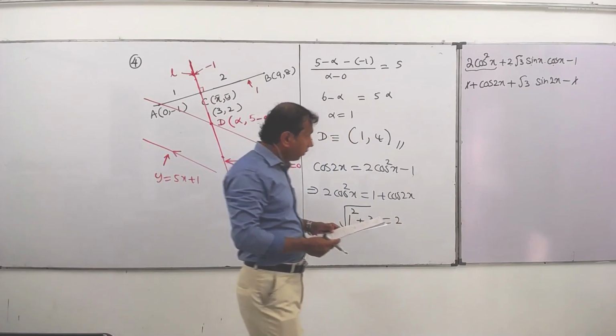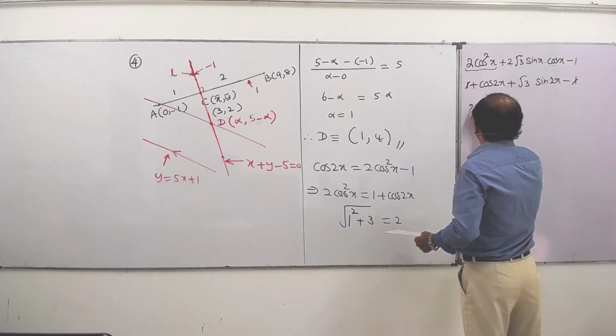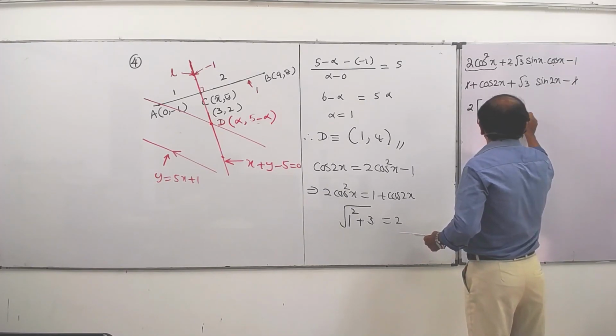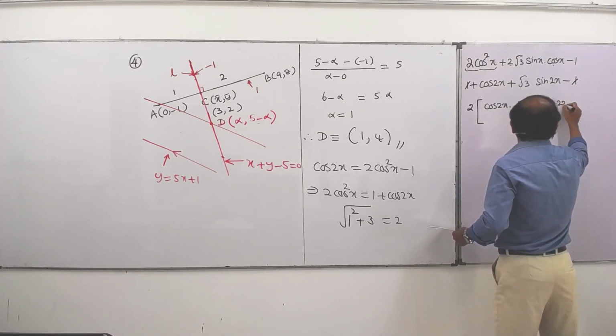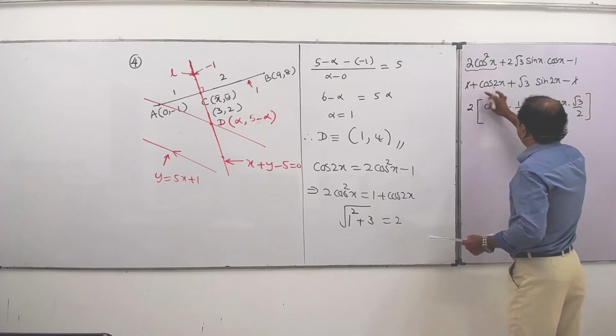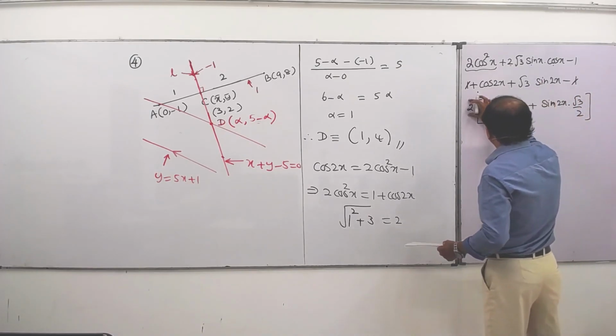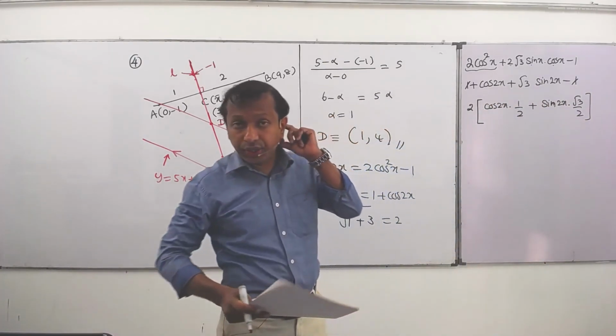Then, for this expression we have, we multiply by 2 and meantime divide by 2. It won't change.